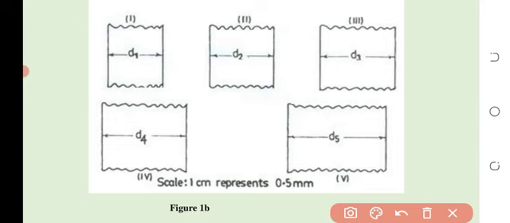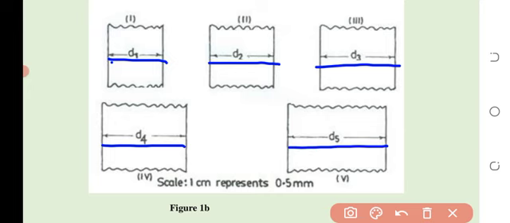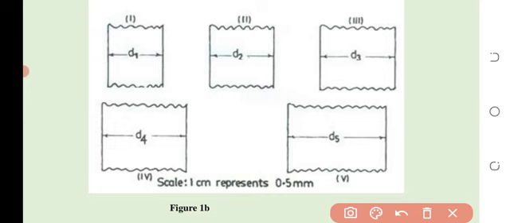So you measure from here to this place, you record in centimeter, do the same thing to this, do the same thing to this, and these are the variables that you are going to have for D on your table. Now, after measuring this diameter in centimeter, and you have this scale that is 1 centimeter representing 0.5 millimeter, that is for every 1 centimeter that you measure, you have to convert it to 0.5 millimeter.